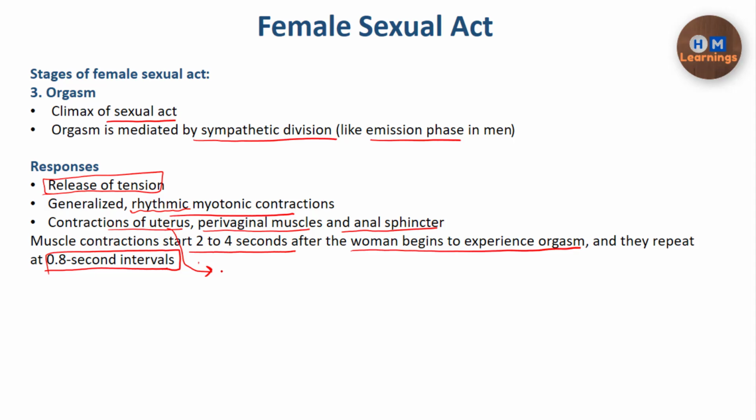This is happening during the orgasm phase. The uterus contracts in such a way that it pulls the sperm from the vagina towards the fallopian tube. So this helps in conceiving.